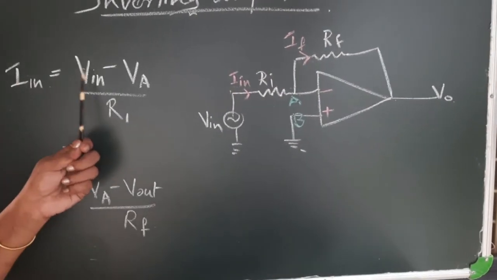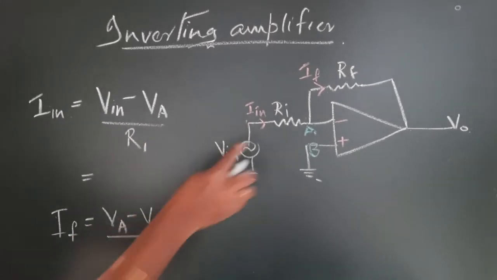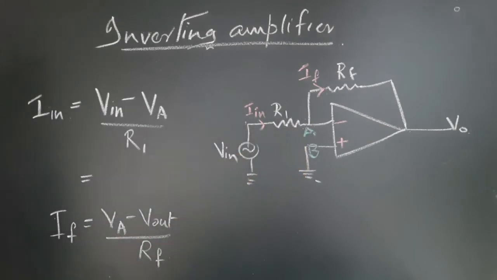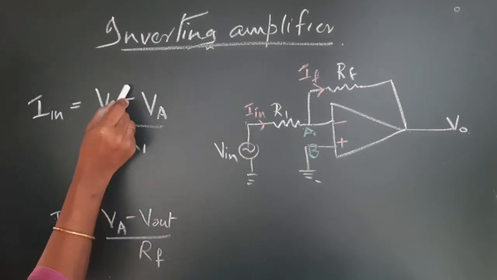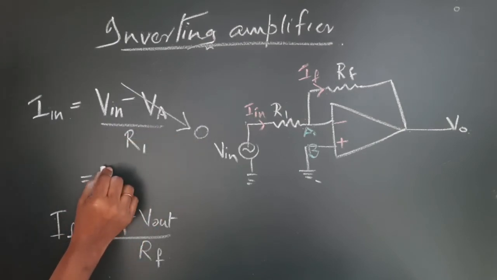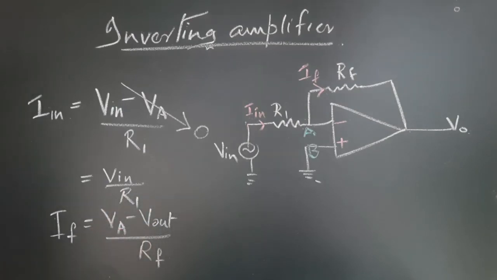So, Iin equals Vin minus VA by Ri or R1, whatever you would like to call it. But you know that A is virtual ground, so potential VA is 0. So, this equation would reduce to Vin by R1. Now, coming to the IF equation, VA minus Vout by RF, but VA is 0.